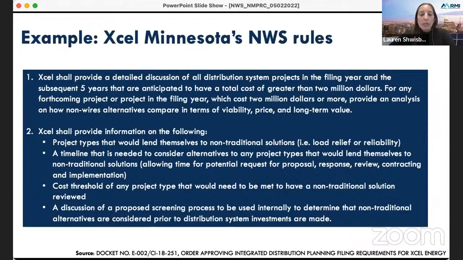At a high level, the PUC asked Xcel to identify projects within 5 years, priced over $2 million as a starting place, and analyze the opportunities for non-wires to meet those needs. They also asked the utility to provide their own assessment of the types of projects that are most suitable from their perspective and feedback on how the screening criteria should evolve.